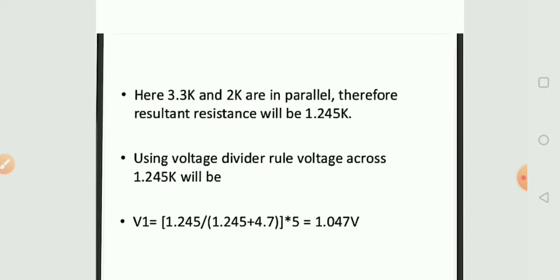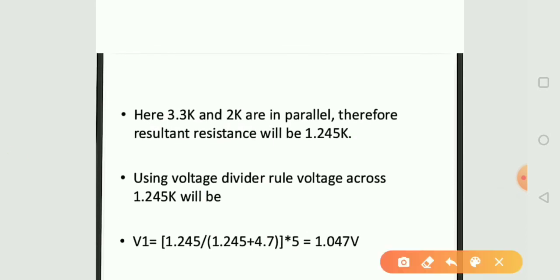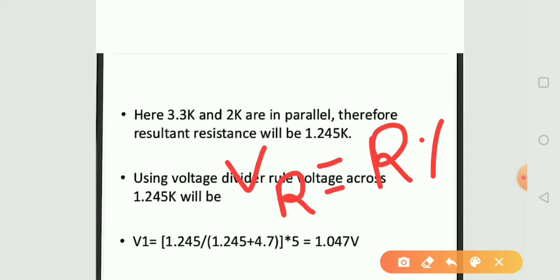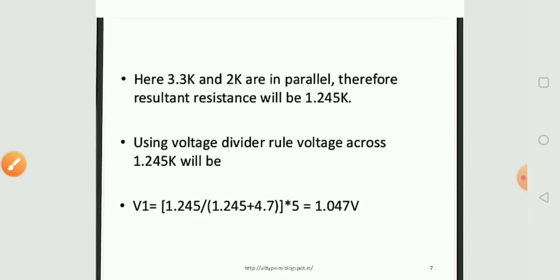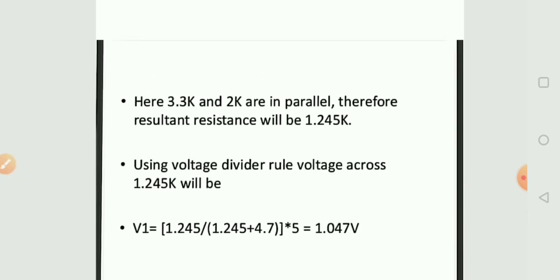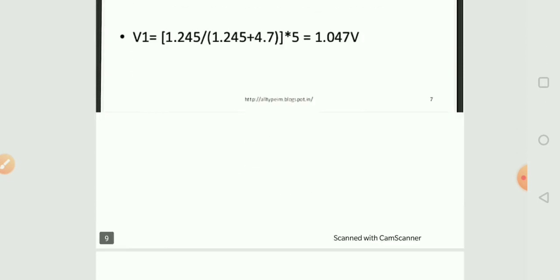So if we find voltage for a particular resistance R, here we use this resistance into the main source voltage upon resistance plus the resistance across this branch in series. After applying this rule, we find the value of V1 is 1.047 volt.